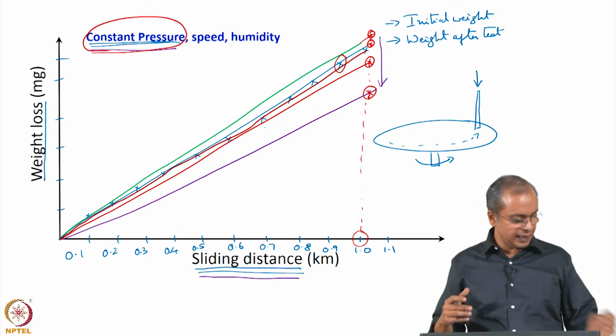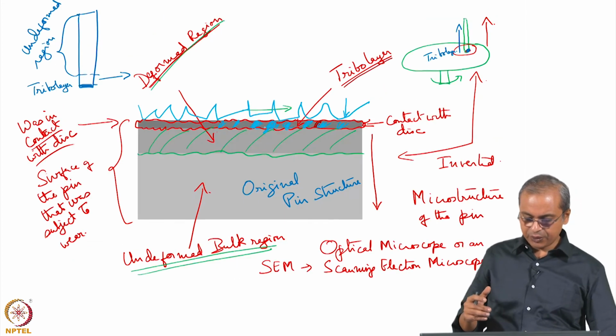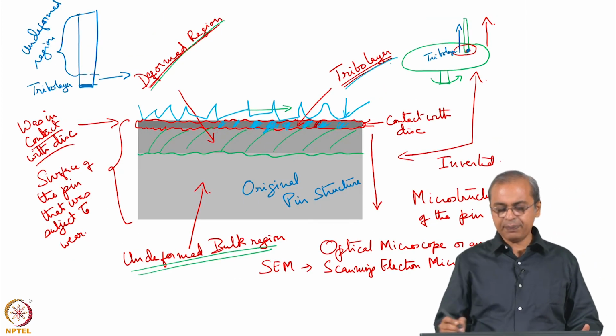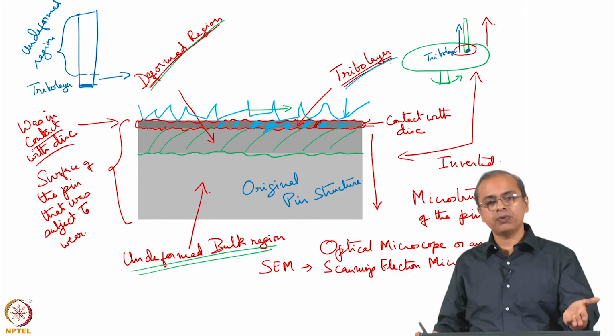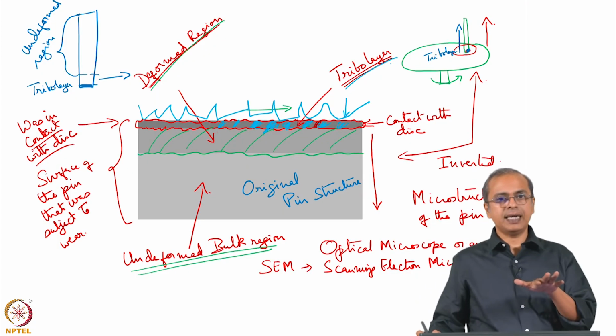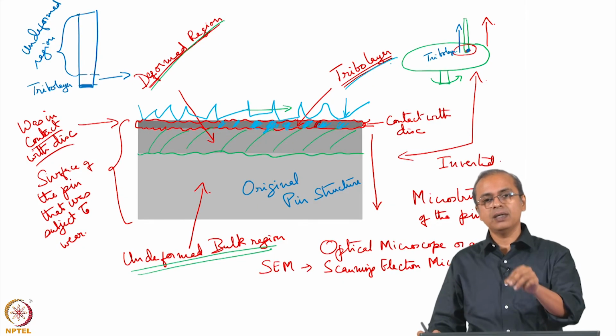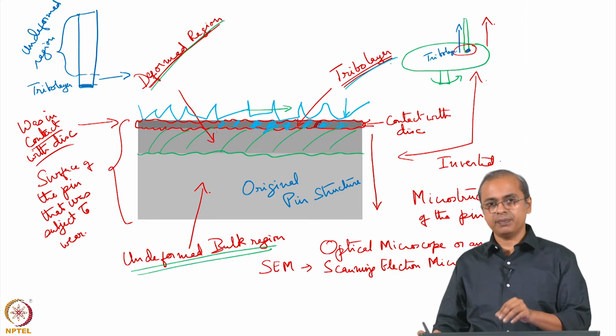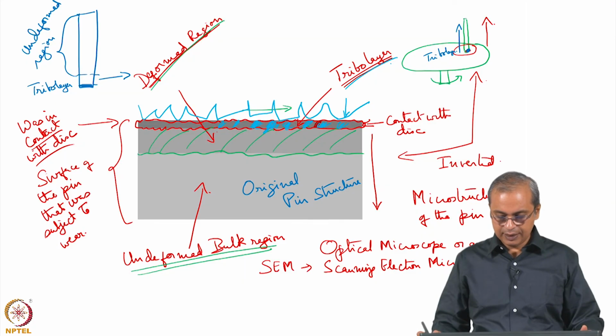There, depending on the kind of tribo layer that you get, you may see an improvement or you may not see an improvement. So, the mechanism of the wear is a very important aspect which decides how much wear will happen in a particular system, and that is something we have to look at.